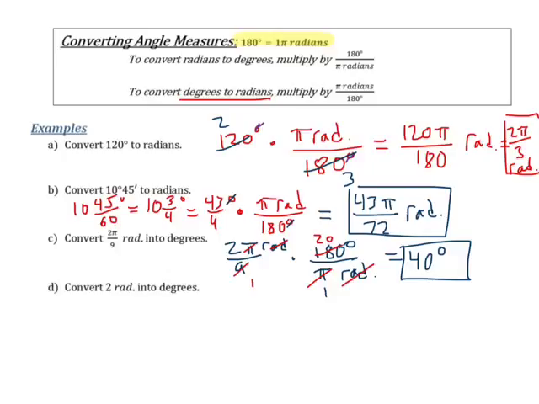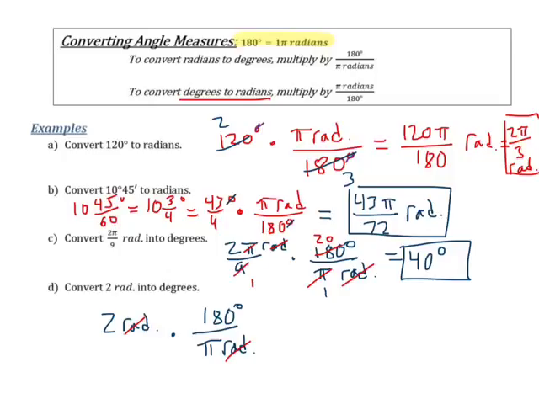Last but not least, a radian measure does not always have to have a pi in it. So what if we have 2 radians? Well, our conversion is still 180 degrees over pi radians. And the radians, again, will cancel here, like a little dimensional analysis.